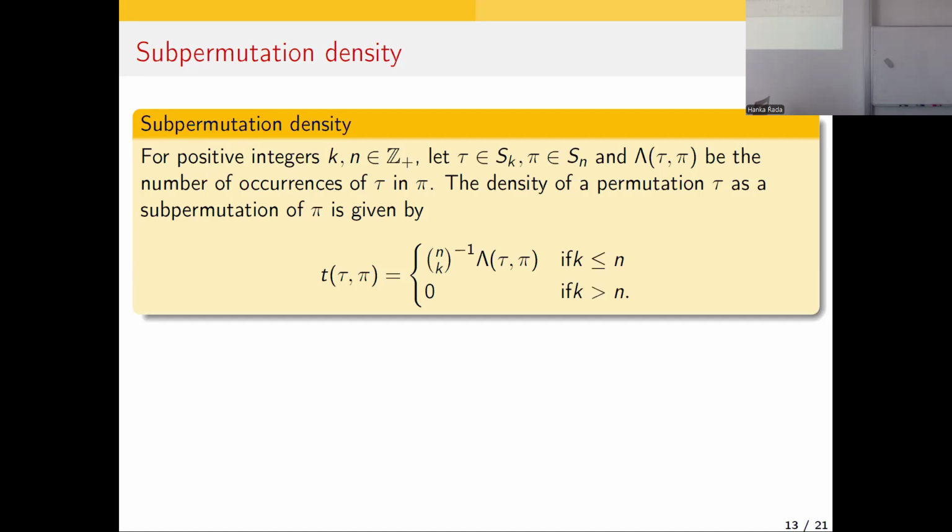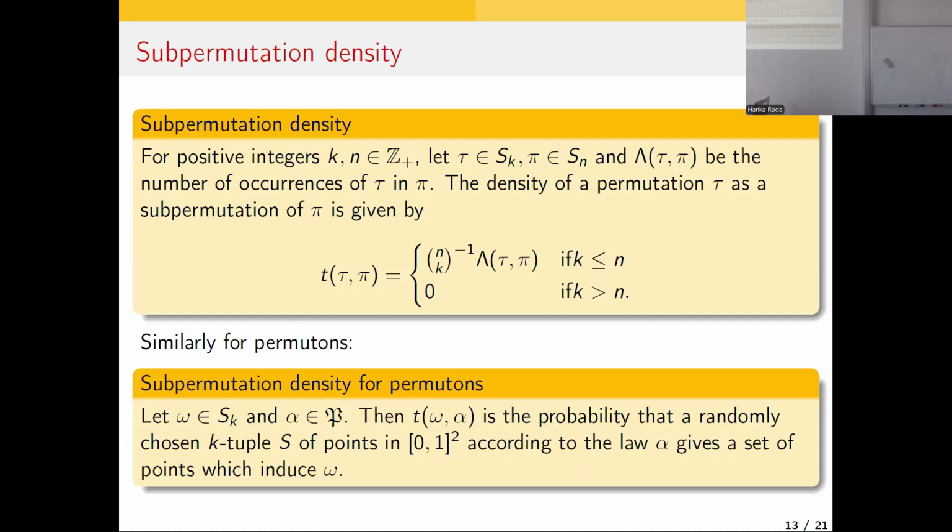In fact, it's the probability that if you take k points from the permutation P, then you get the permutation tau. And the same holds for the permutons. So the density of a permutation in a permuton is again the probability that if you choose randomly a k-tuple of points from the permuton, then the set of these points gives a permutation that induces the permutation omega.